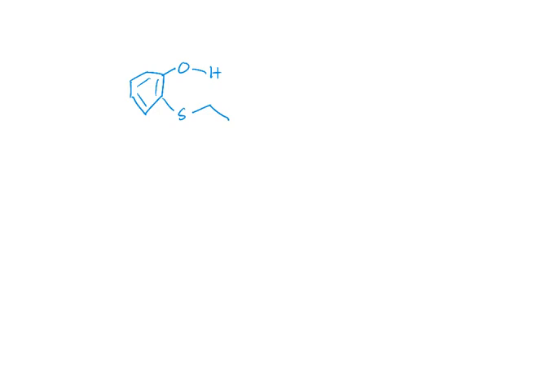Okay, so we're going to ionize here on the oxygen. Okay, and let me see if I can follow this. This is going to be the loss of CO from the benzene ring.